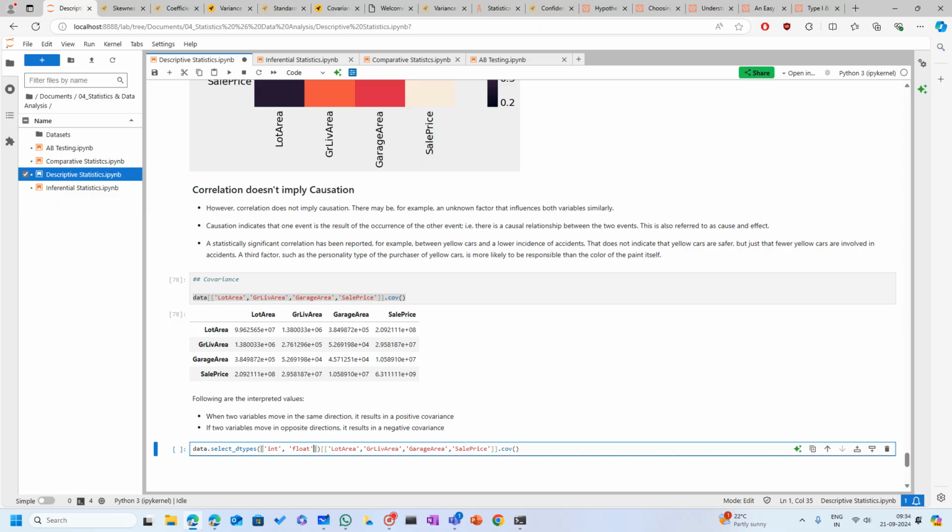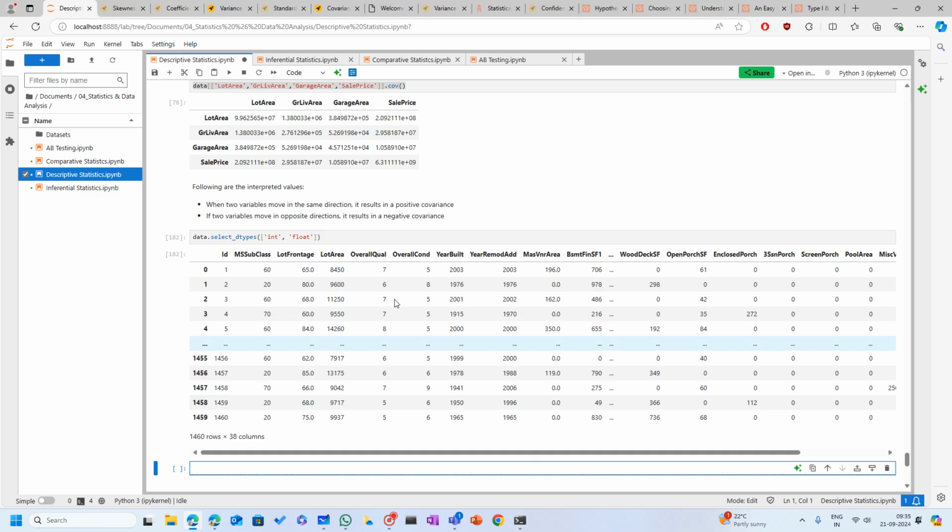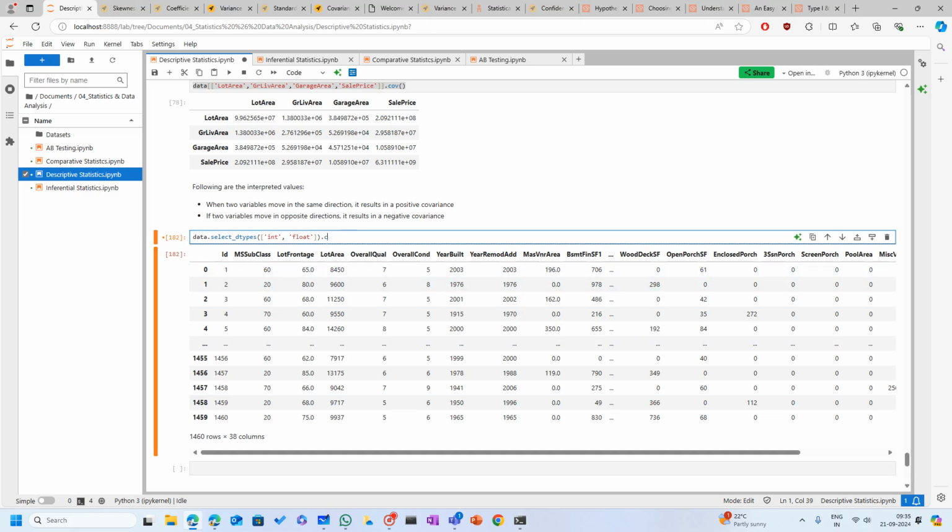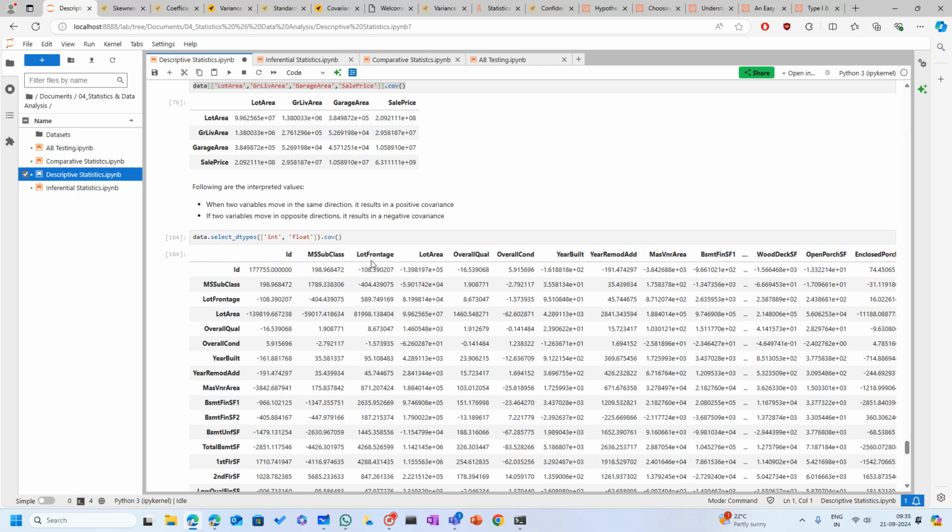If I select all these values, let me check, okay, I got those values. Now if I apply dot cov, now you can see some values have negative covariance. There is a feature called MSSubClass, and that has a negative covariance.